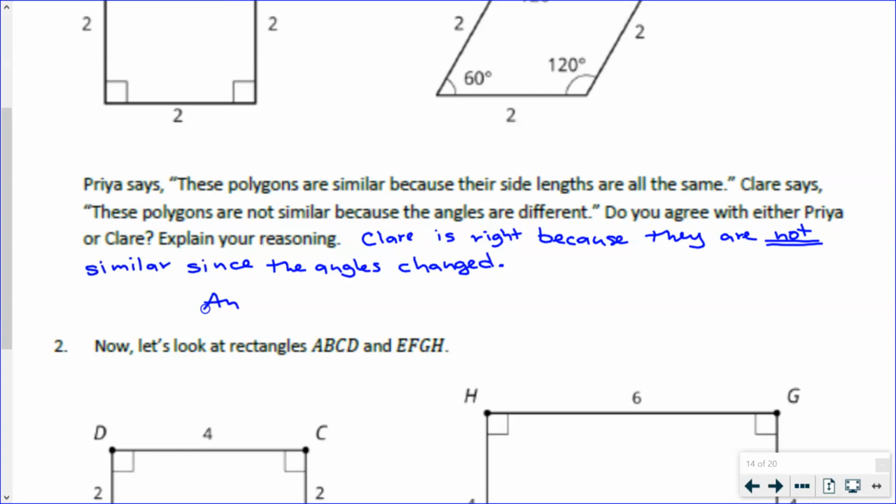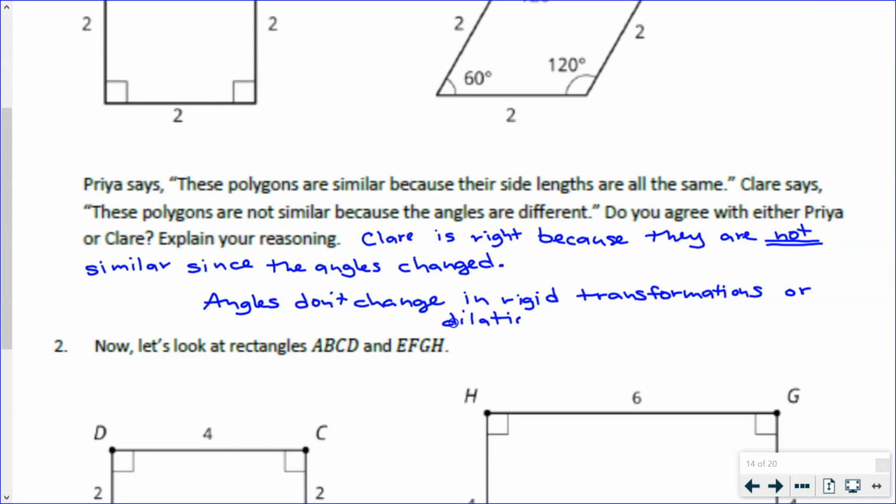We need to remind ourselves, angles don't change in rigid transformations or dilations. Pencils are moving. If it is important enough for me to write down, it is definitely important enough for you to write down.